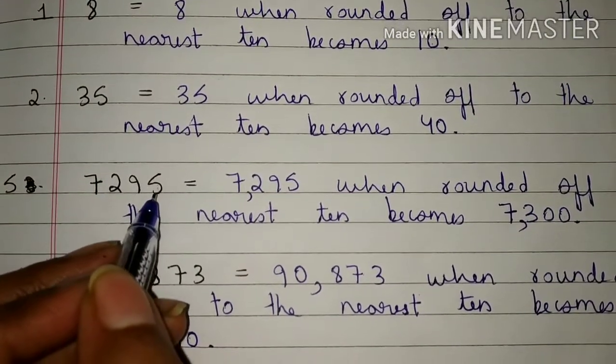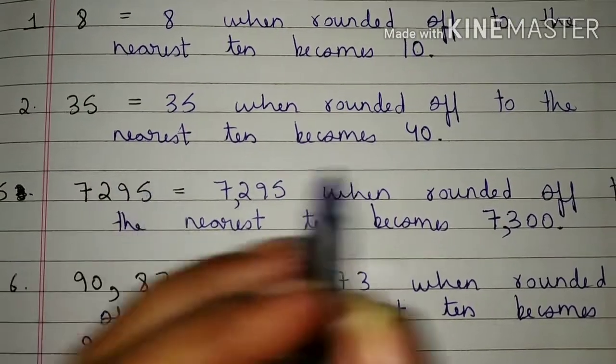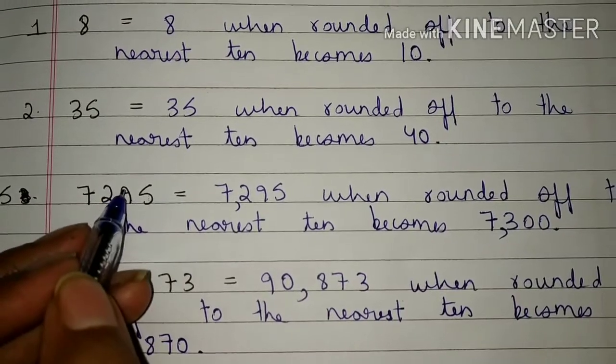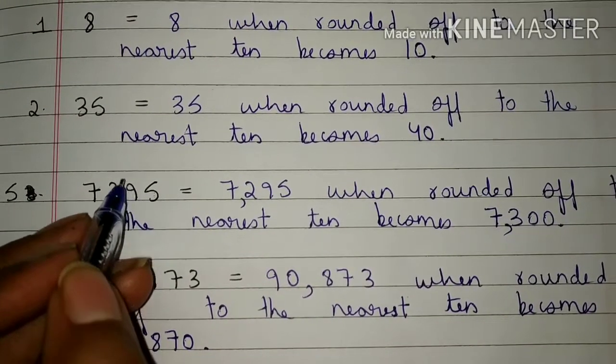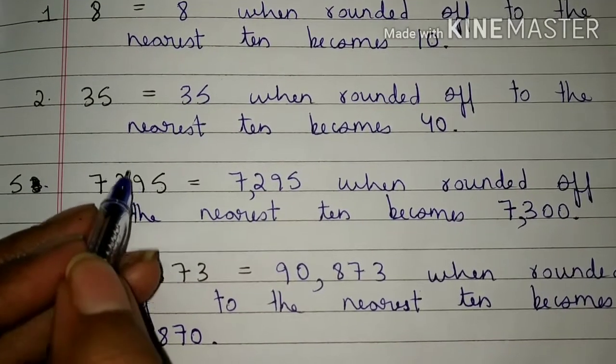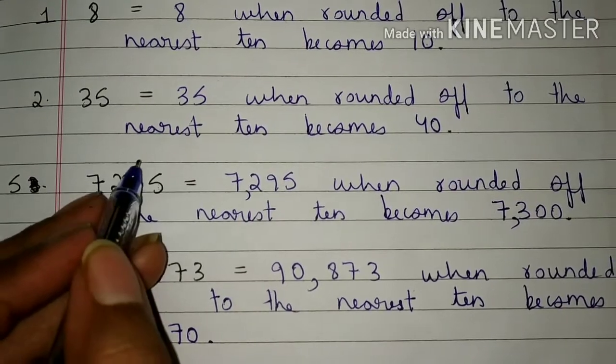So, here in the ones place, digit is 5. So, you will write 0 in the ones place and you will add 1 to the digit in the tens place. Here in the tens place, digit is 9. So, you will add 1 to the 9. So, 9 plus 1 is 10.